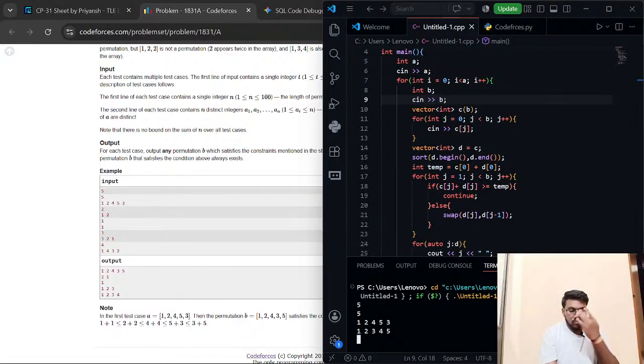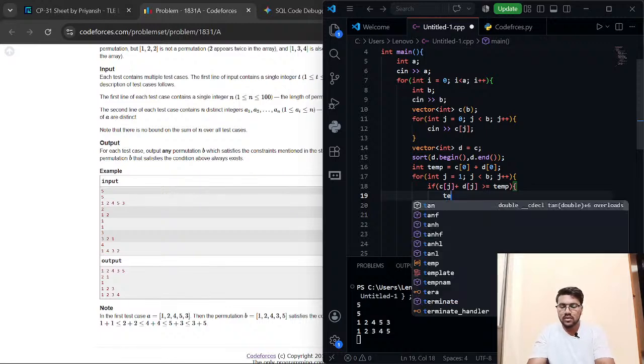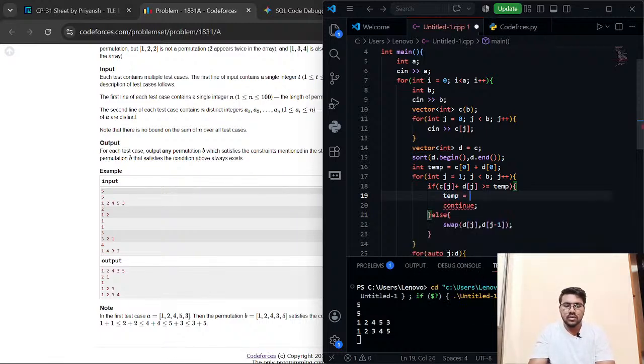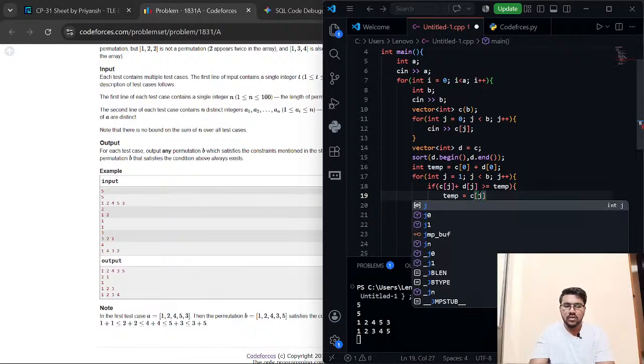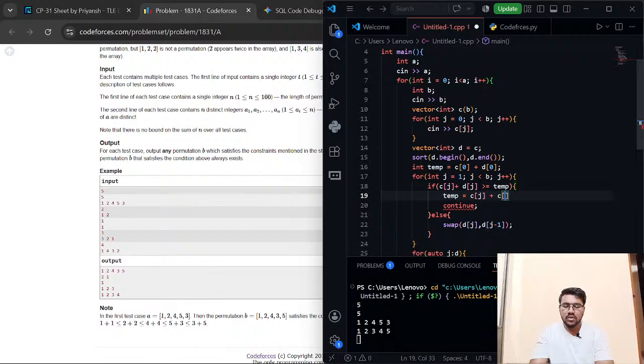What our code is doing now is, array temp will always be the same, right? I did not update it here.